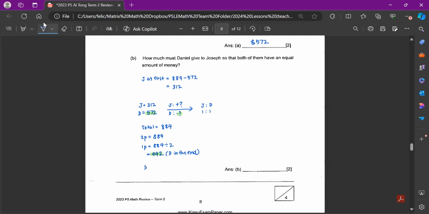So simply 572 minus 442. So $130. If you use Joseph to solve for the last step, also can. It will give you the same answer.